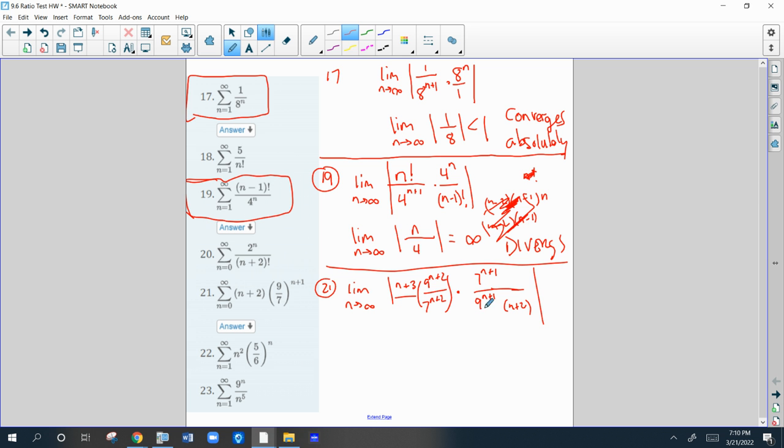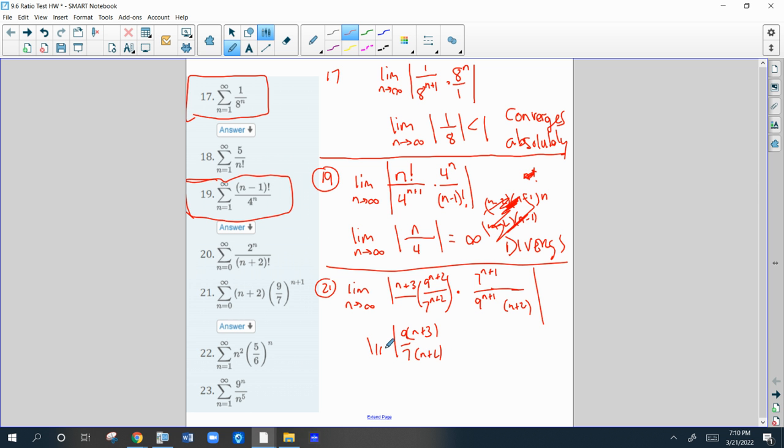Well, the 9s will cancel. We're left with 1 9 up here. We're left with 1 7 down here. Just look at the exponents. And then we have an n plus 3 up top and an n plus 2 on the bottom.